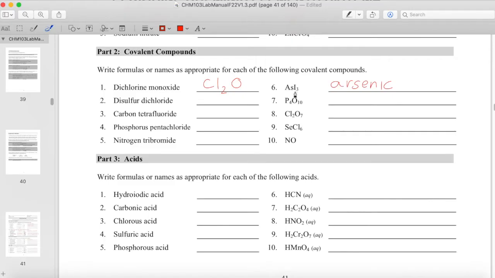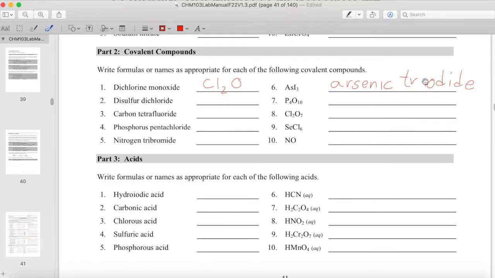Now here I have I, which stands for iodine. But again, since it's our second element listed, we need to write out, with that first syllable, iod, and add that ide ending to it, so it becomes iodide. Now, of course, you do need a prefix, and here there's 3 of those iodides, so it becomes arsenic triiodide.